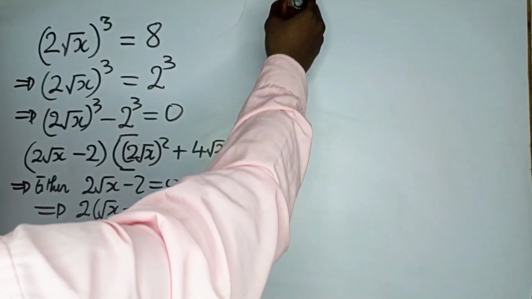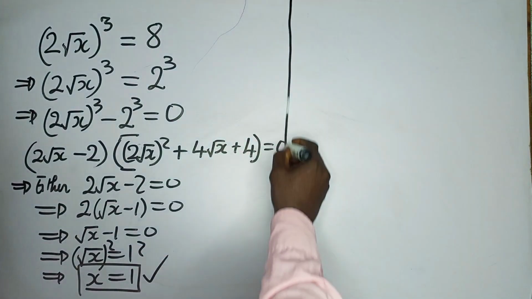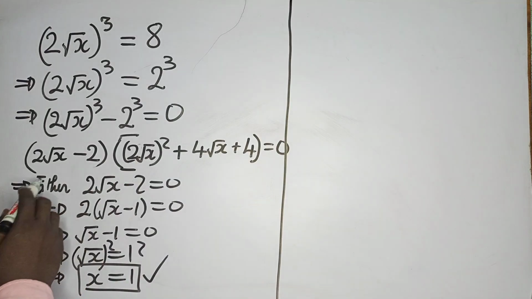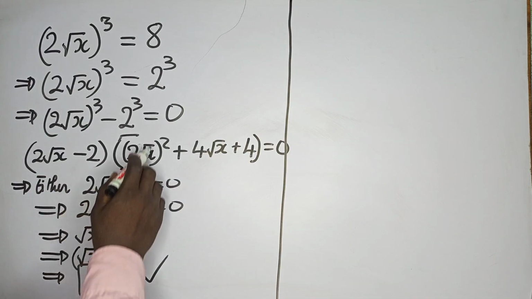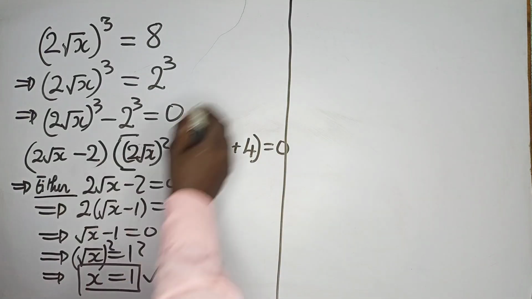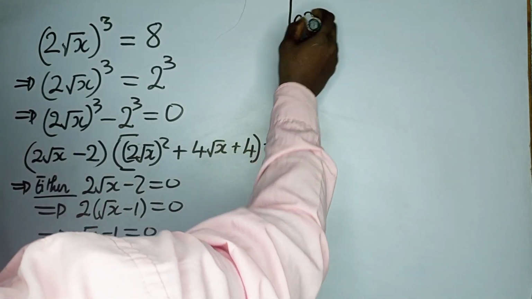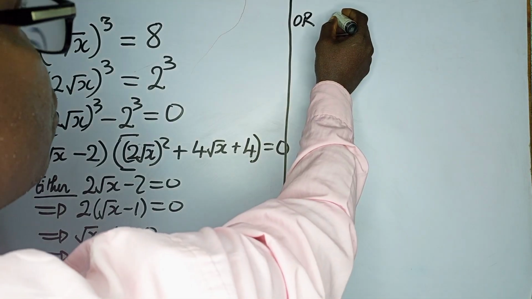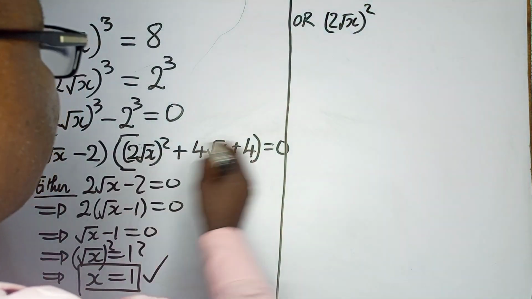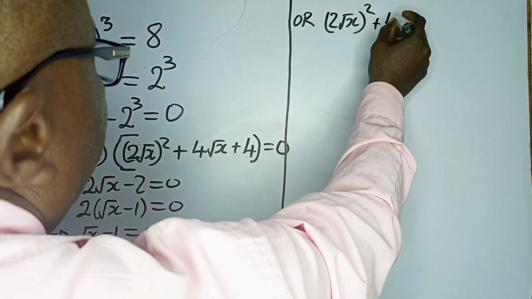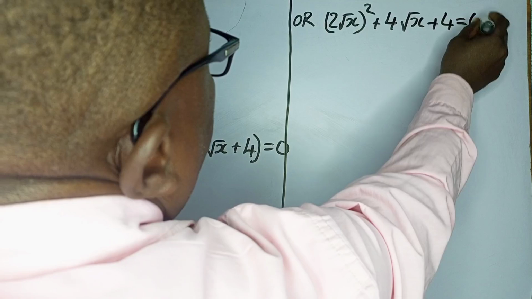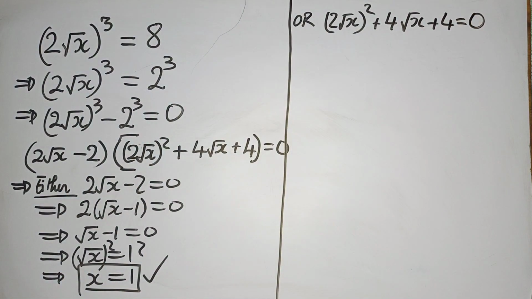Now let's get the other two solutions. The other two solutions are going to come from this. We said either this is 0 or this other expression is 0. So we have already used the either. Let's continue with the or. (2√x)^2, I'm repeating this expression, plus 4√x plus 4 must give us 0.